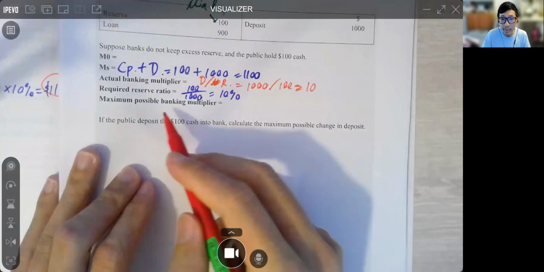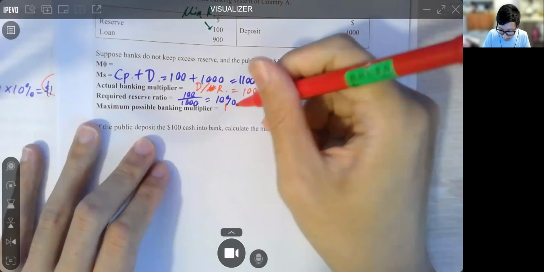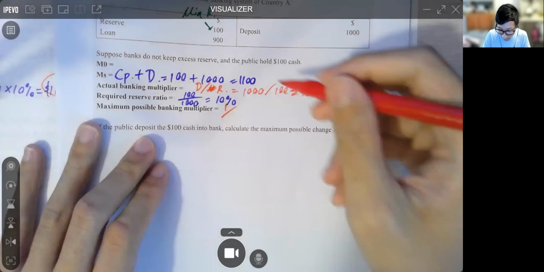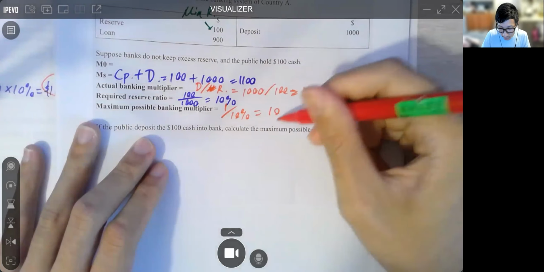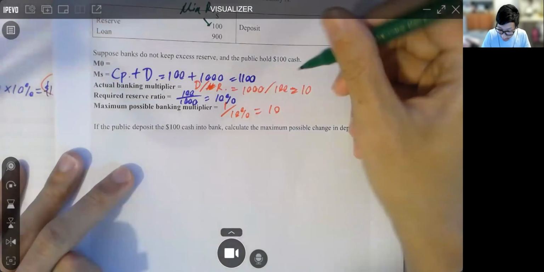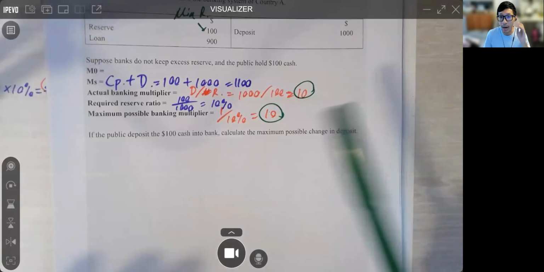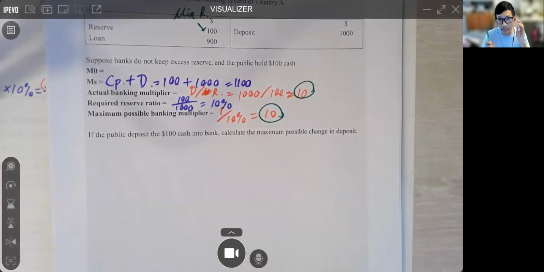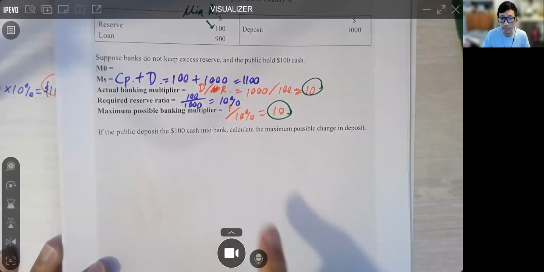While our maximum possible banking multiplier is 1 divided by RRR, 10%, which, by the way, also give us 10. 咦？呢兩個一樣嘅噃。記住先, we will compare this in our next example. OK，so this is the original situation.